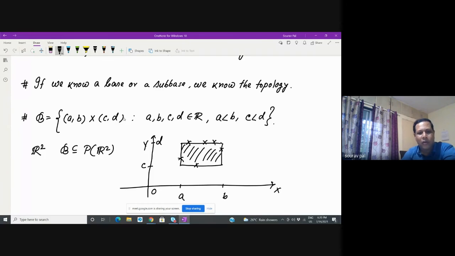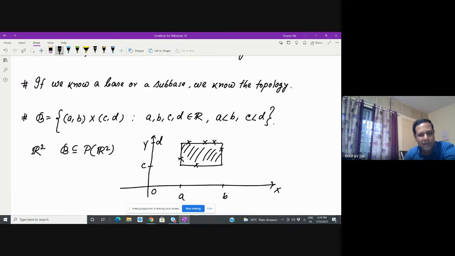Now, if you collect all such open rectangles, then they will generate a topology. You just declare it to be a base, and once you declare it to be a base, then how to get the topology? You choose all possible unions, all unions, not just finite unions, of the members of script B, and call it a topology. You can see that it forms a topology.